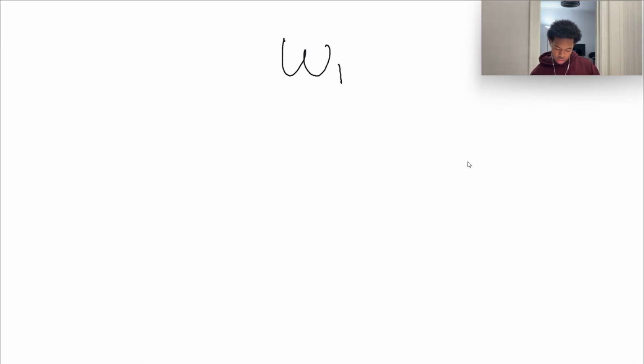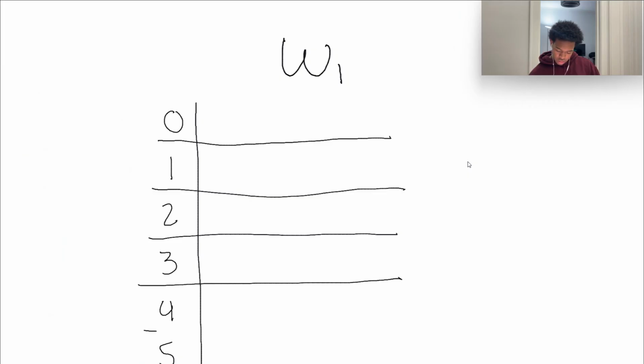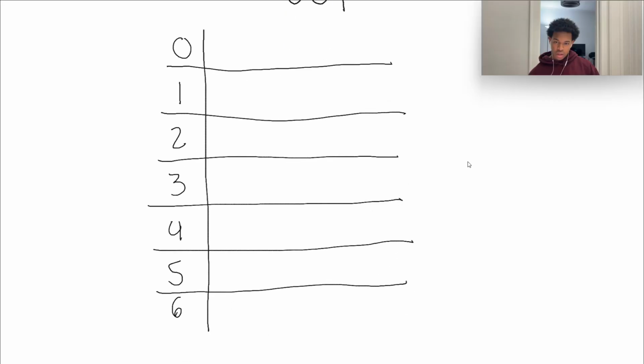So 0, 1, 2, 3, 4, 5, 6, and that's hidden from you.